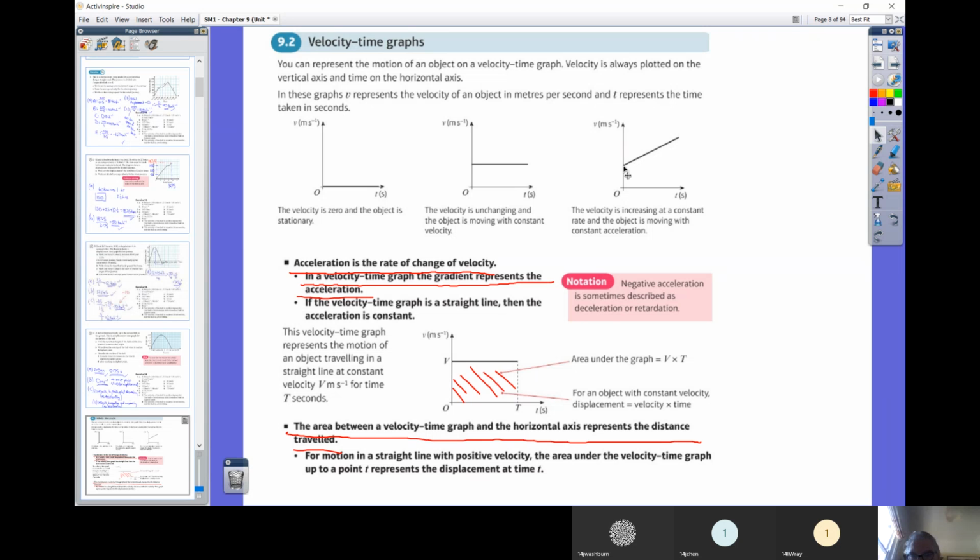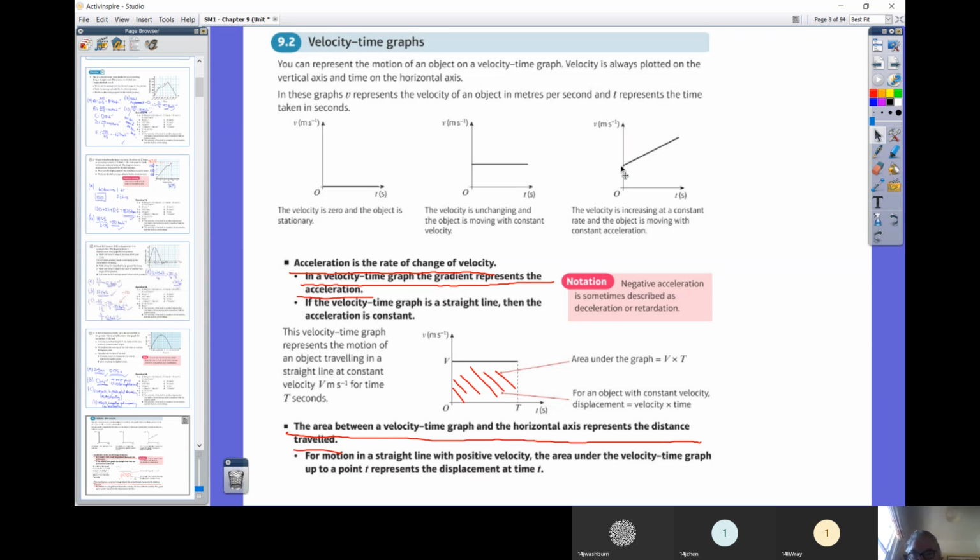And if your velocity is going up at a steady rate, then you've got a constant acceleration. With these velocity time graphs, the slope, the gradient represents the acceleration because it's the rate of change of velocity. This chapter we're just dealing with constant acceleration, so these lines are going to be straight lines.